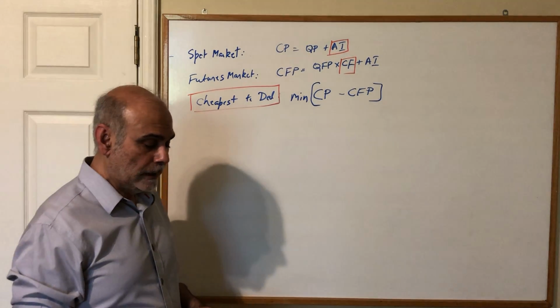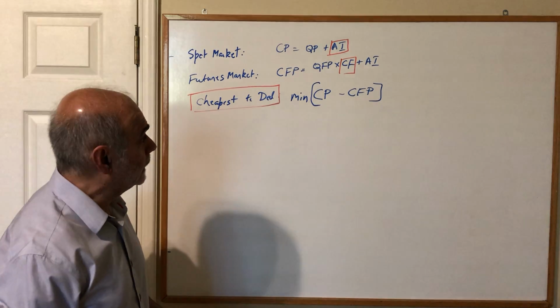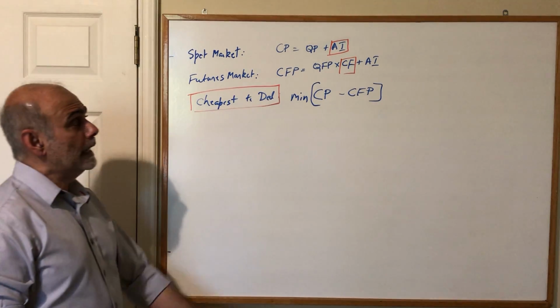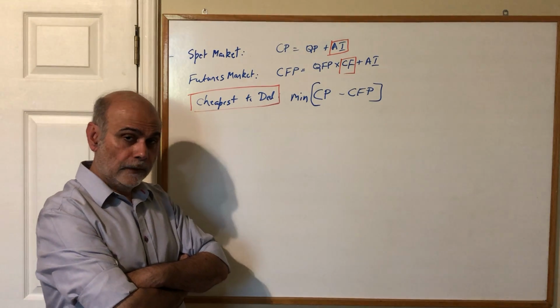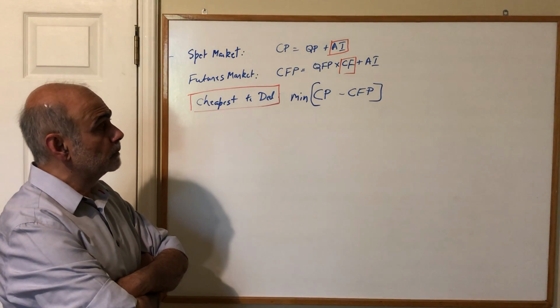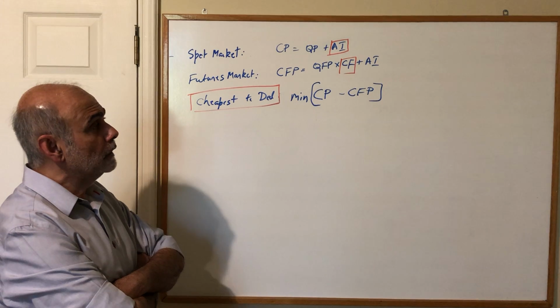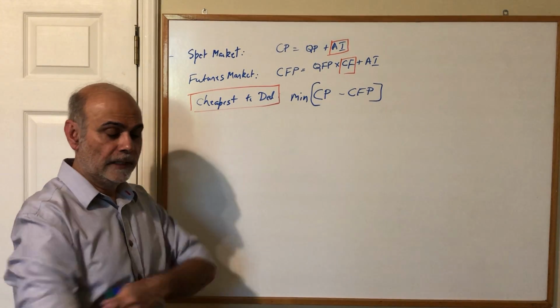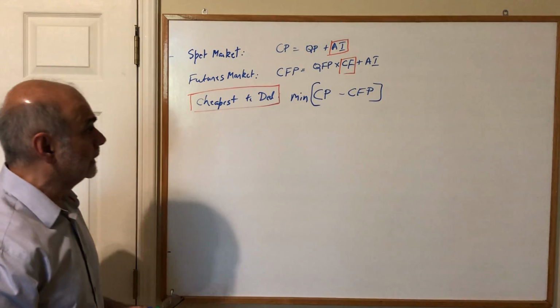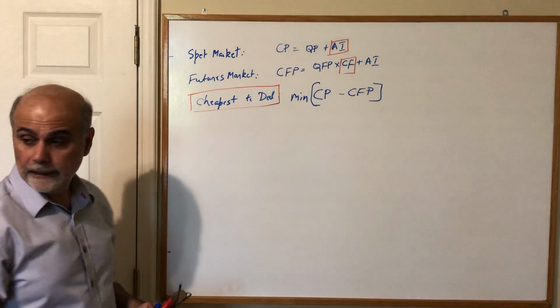Okay, now we're in a position to put all this together, and develop the arbitrage-free method by which quoted futures prices should be determined. Now, what I mean by that is this.